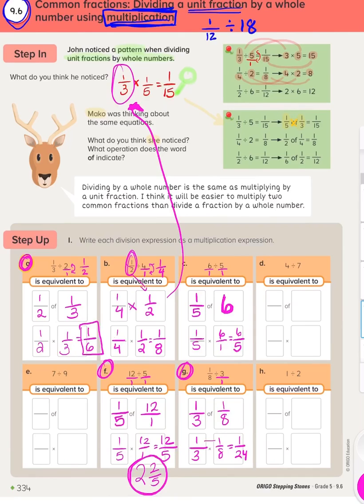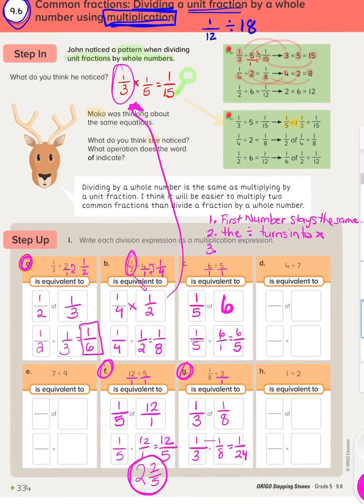So again, I'm going to go ahead and write the steps right here. Step 1, first number stays the same. Step 2, the division turns into multiplication.